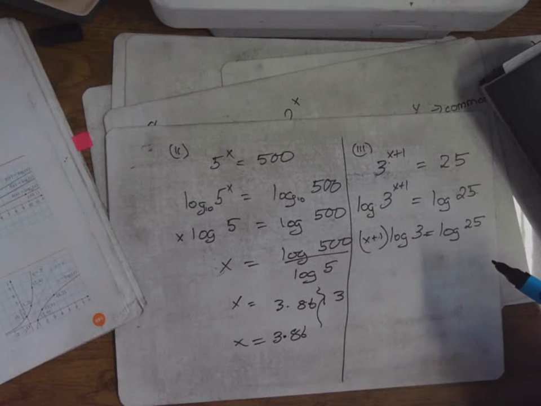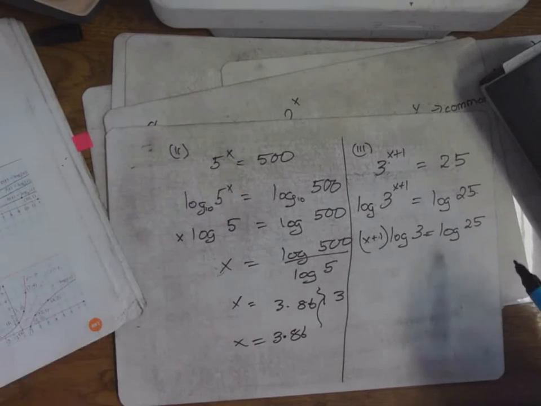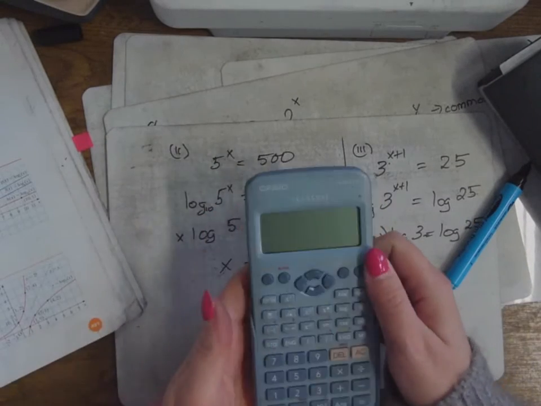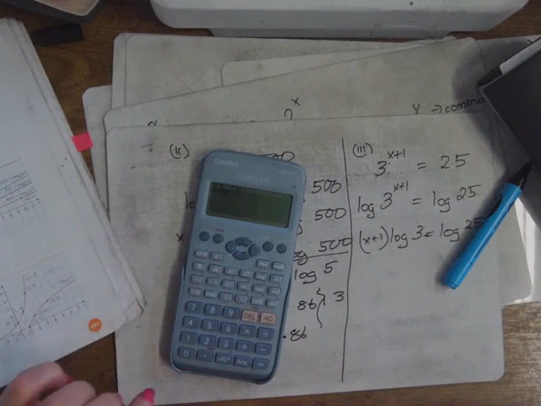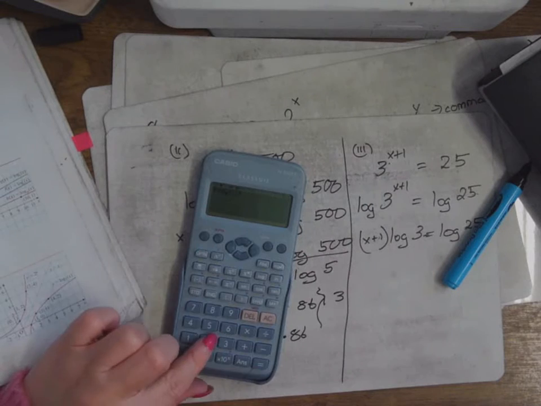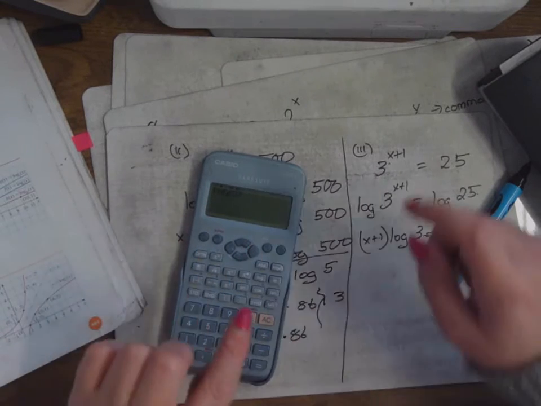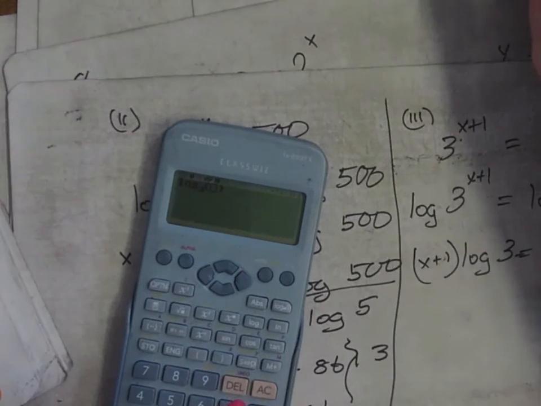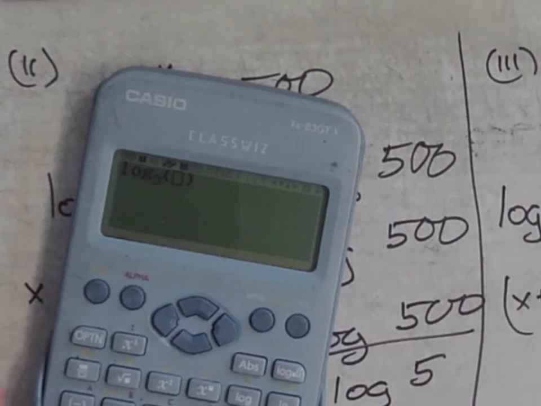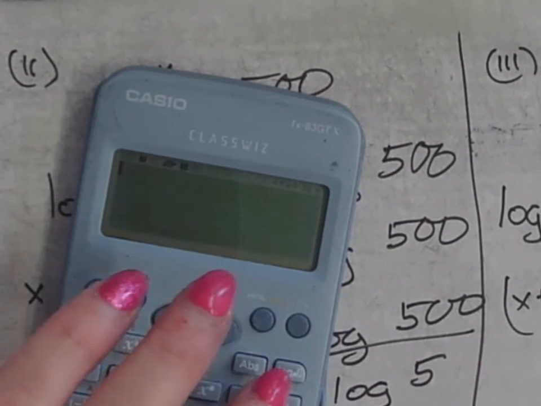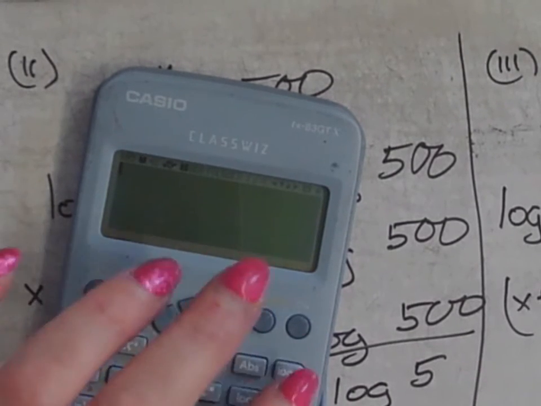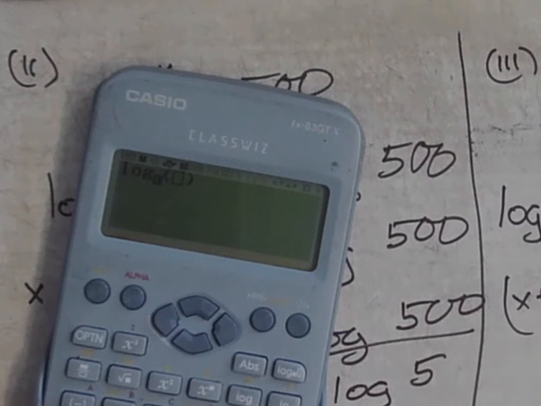You can give it any base you want to, but the only thing is if you decide to give it base 2, you have to use this button and put in 2 every time. Do you know what I mean? Sorry, you can't see. If you choose log to the base 2, you'll have to use this button and put in 2 every time.